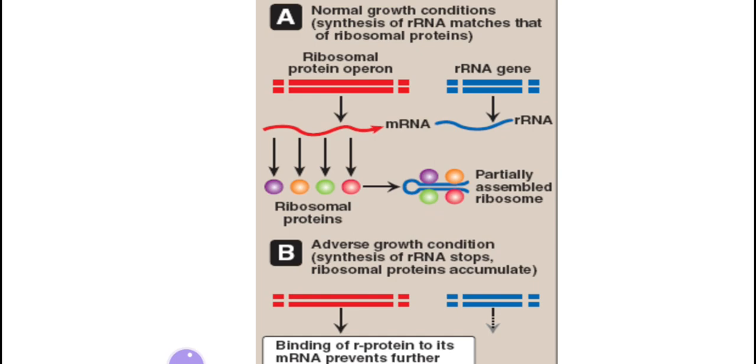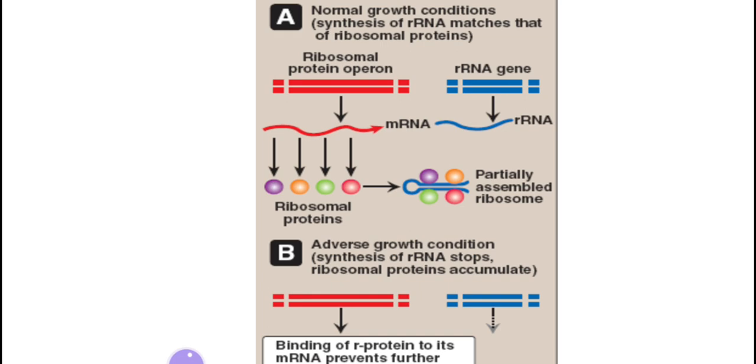This red DNA is for the ribosomal protein operon, and the blue DNA is for the ribosomal RNA genes. Both are transcribed, and the ribosomal proteins will bind and be assembled on the ribosomes.